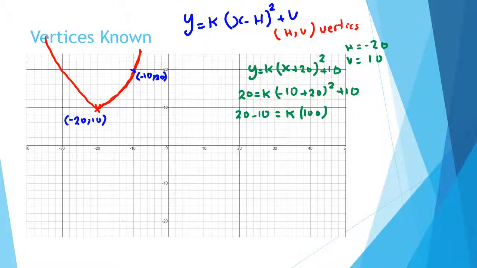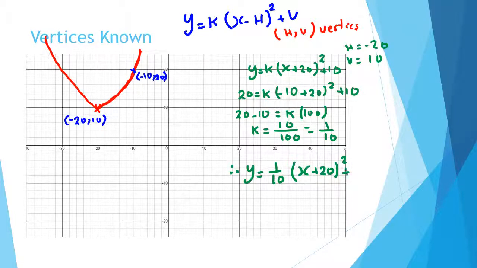That gives me k equals 20 minus 10, which is 10, divided by 100, and that gives me 1 over 10. So the formula for this parabola is y equals 1/10, open bracket, x plus 20, squared, plus 10.